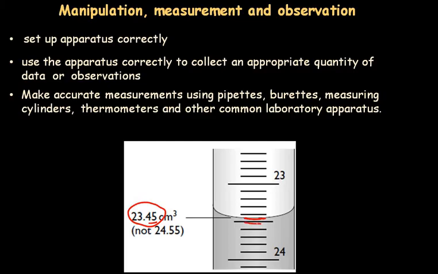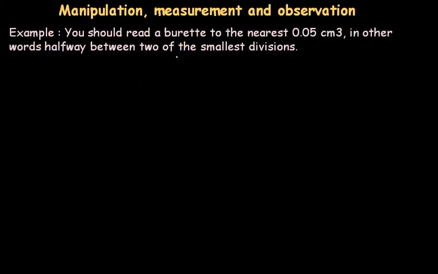Now we should also take care that our eye level should be exactly in front of this lower meniscus. So when we are observing the readings, our eye should be at the level of the burette reading to read it correctly.